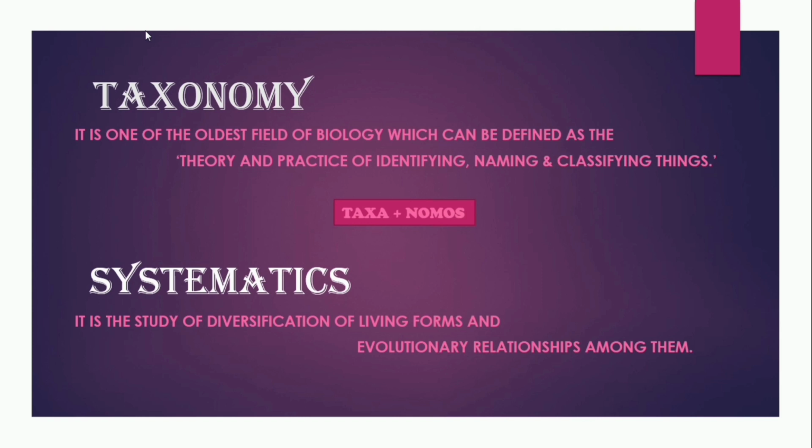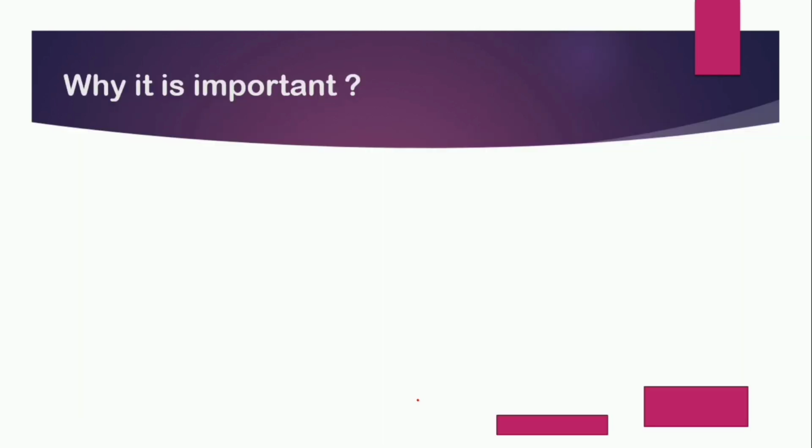So let's move to the next topic. Now, the next question is why it is important to learn taxonomy and why it is such a huge field. There needs to be a reason. If we are learning anything, then we should know why we are learning this. And here's a tip: if you want to learn science like a pro, just remember to ask the question, why?